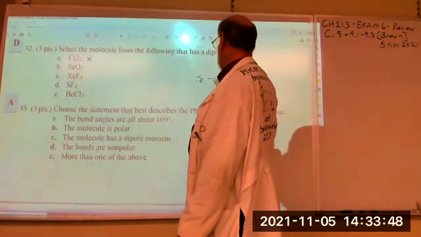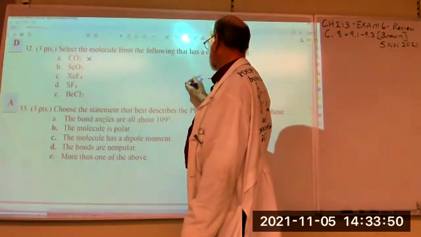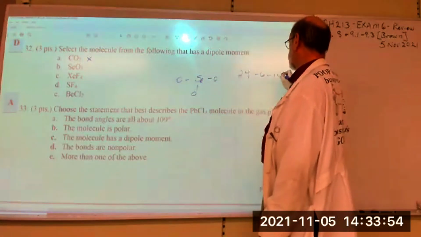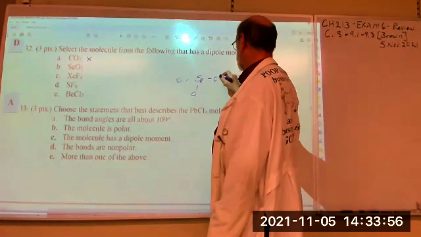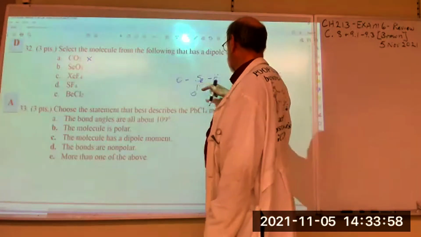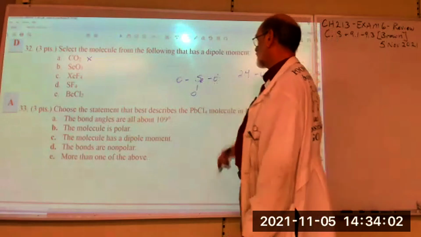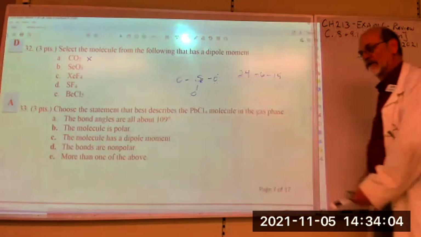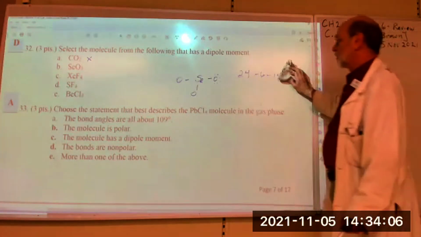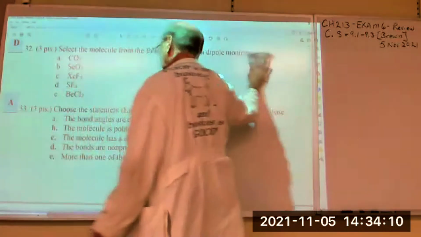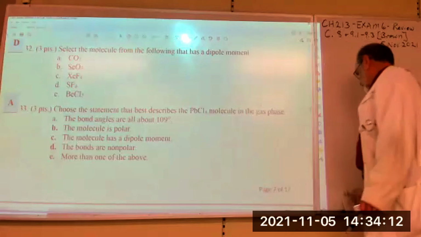Selenium, oxygen, oxygen. 2, 4, 6, 18. So 6 times 3 is 18. Oh, that's it. It's trigonal planar. Right, so it's non-polar. The only one with a dipole moment is SF4.